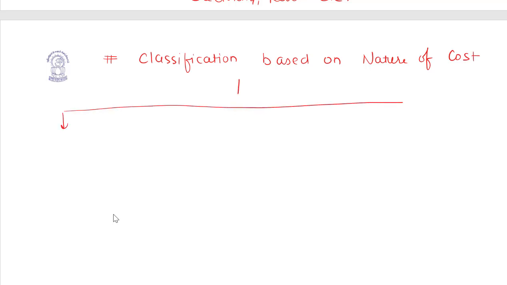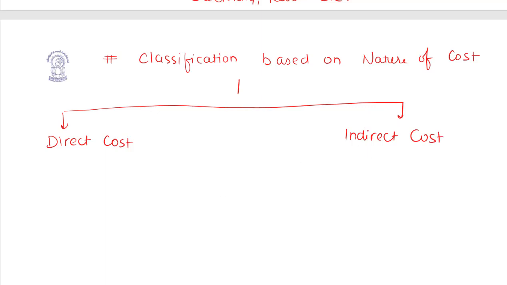Next is classification. Kindly write classification based on nature of cost: direct cost and indirect cost.